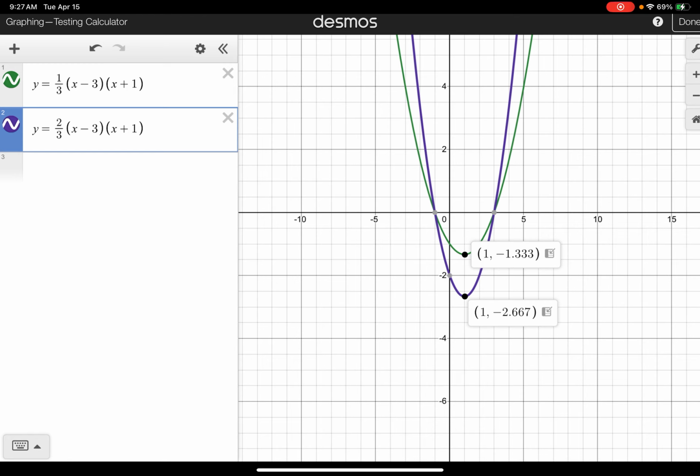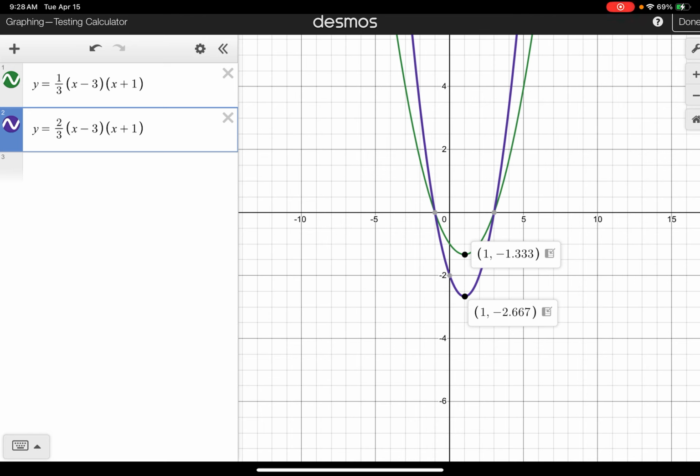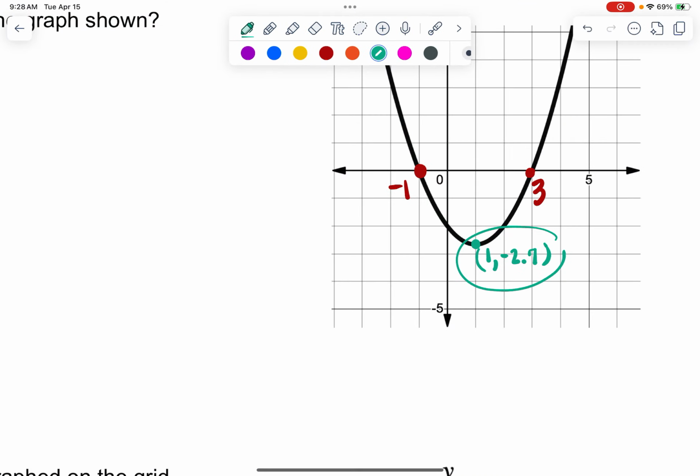So one of my vertices is 1, -1.3, and the other one is 1, -2.667. Remember, I want -2 point something, so that means the purple one is my winner. And so when I go over to the left and look at my purple one, that's the one with the 2/3 in the front, and that's answer choice D.